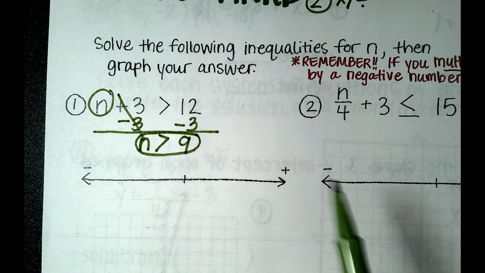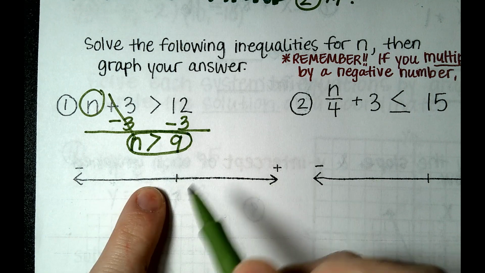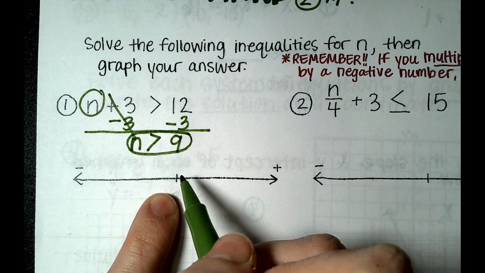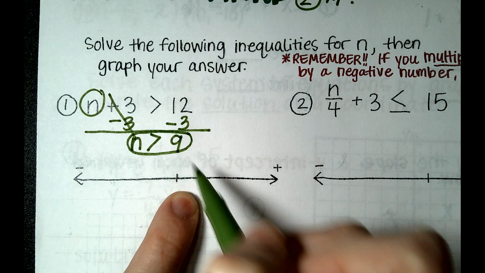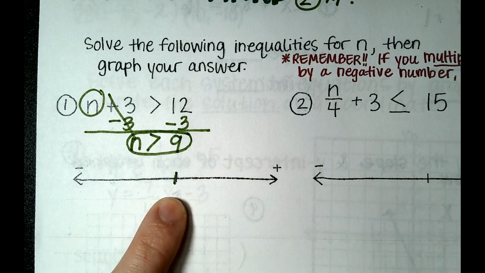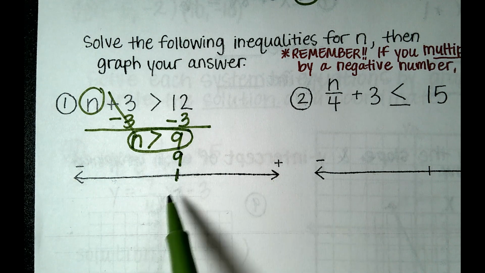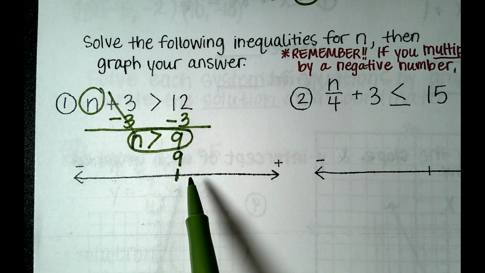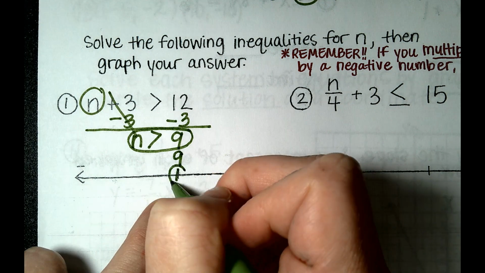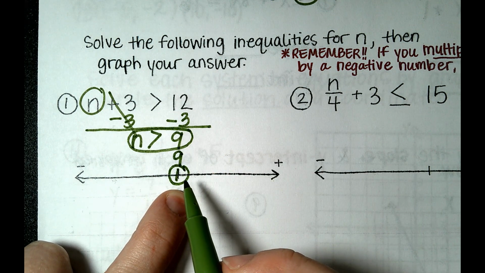There are 3 things I'm looking for on your graph. The first thing is I'm looking to see that you wrote a number on this tick mark. If n is greater than 9, the number we're writing on this tick mark is 9. Now, what else do I need to do to graph this? Yes, I'm going to circle this tick mark. Are we going to shade it or no?